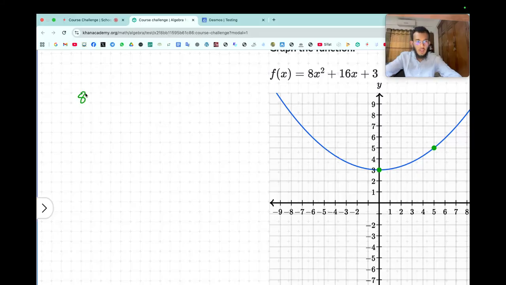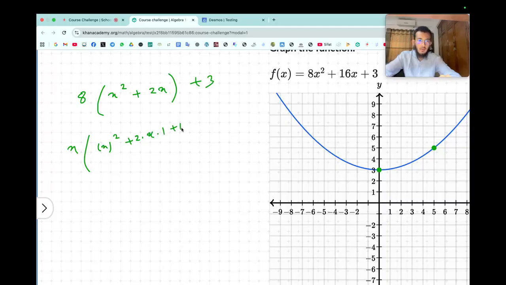So let's take 8 as common: 8 times x squared plus 2x, plus 3. Now we can write this as x squared plus 2 times x times 1 plus 1 square minus 1 square, times 8, plus 3.